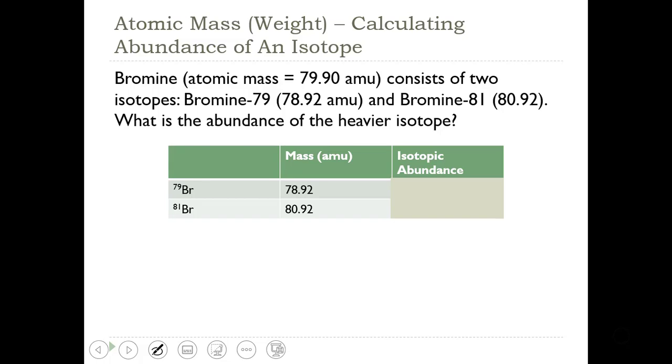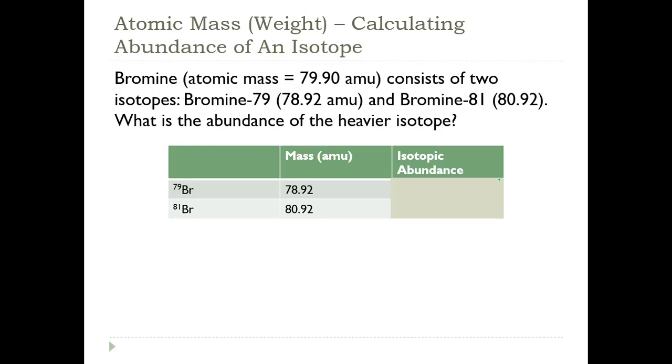This problem with just two isotopes is probably the only one you should expect, because the algebra is not that bad, but we do have to use algebra to solve this particular problem.